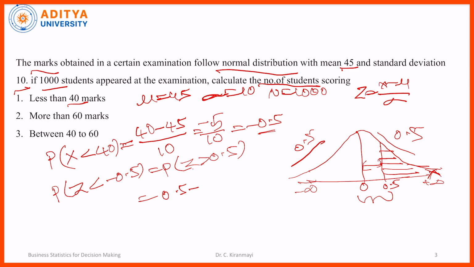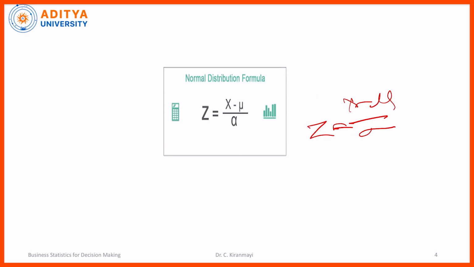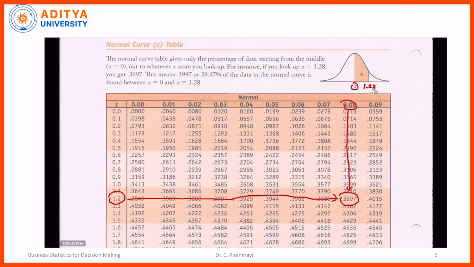And now the question is, what is the value of this area from 0 to 0.5? That we can obtain using the values of the normal probability table. So, we have to find the area between 0 and 0.5, right?